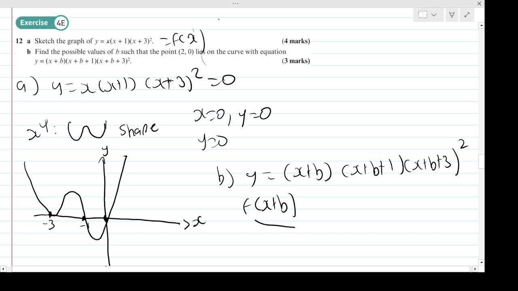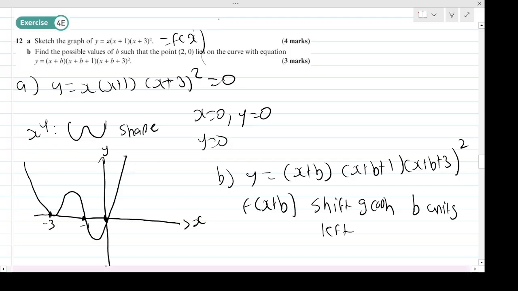So here, you'd think I'm adding b to every x value, but instead, I'm going to move it to the left. So this means a shift. I'm going to shift the original graph, which was sketched in part A, b units to the left. So it's going to go backwards. Okay, so that's what's going on.